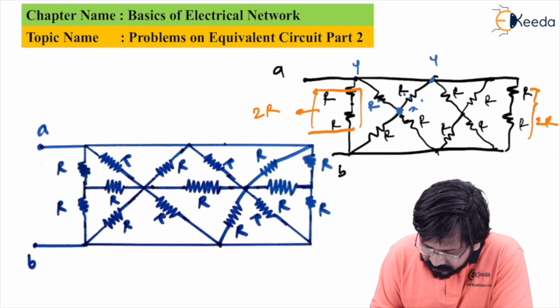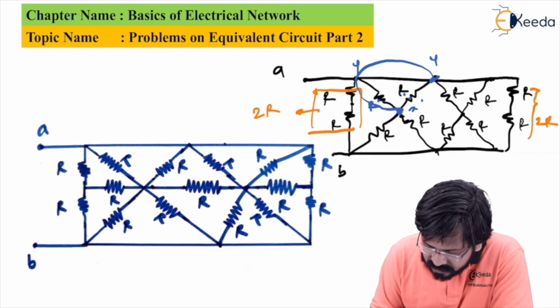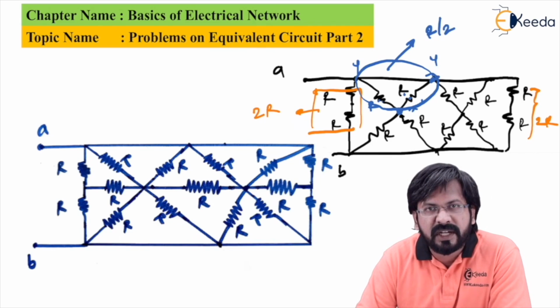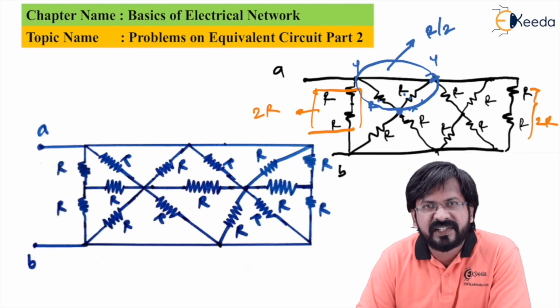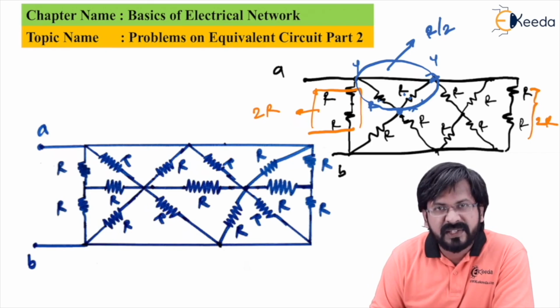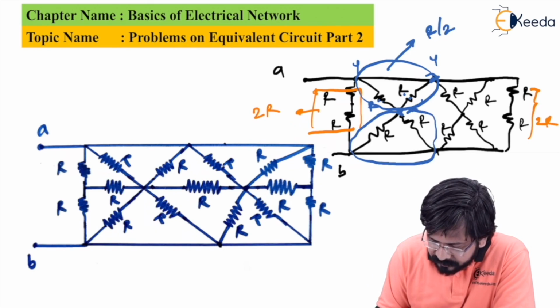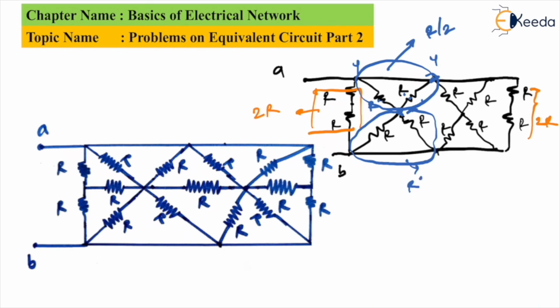That is the reason why I can further reduce this R parallel with R, which ultimately becomes R by 2. We know the property: when resistors are connected in parallel having equal value, the effective is always half of it, and that's the reason why R parallel with R becomes R by 2. Whereas if you see, this is also R parallel with R, so this will also become R by 2.